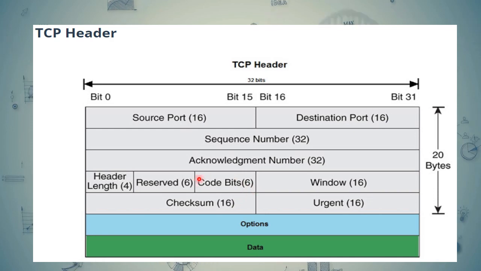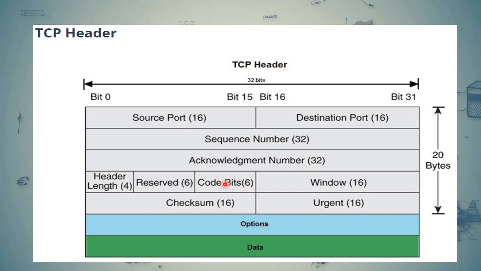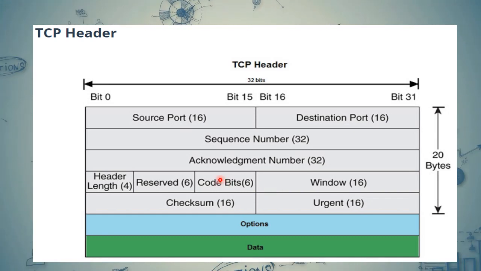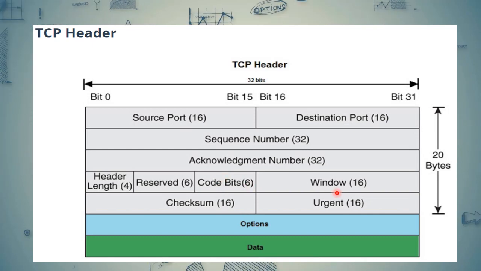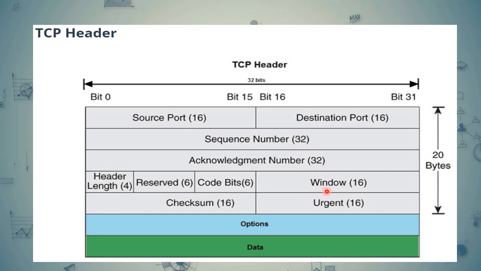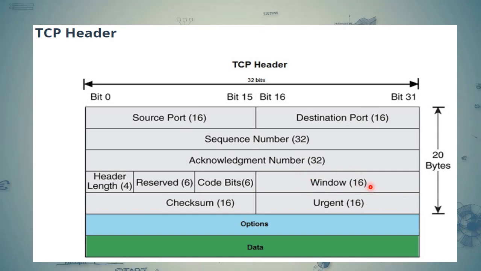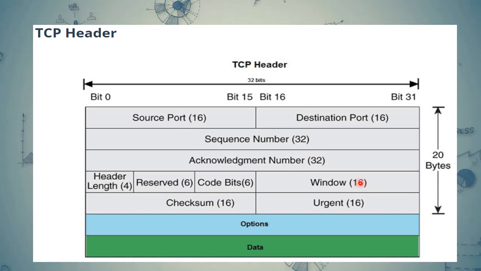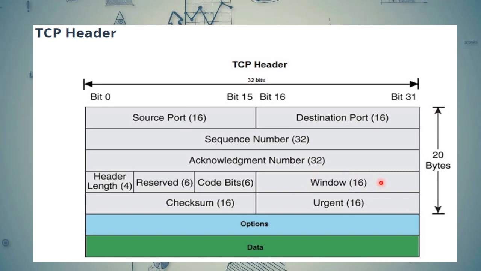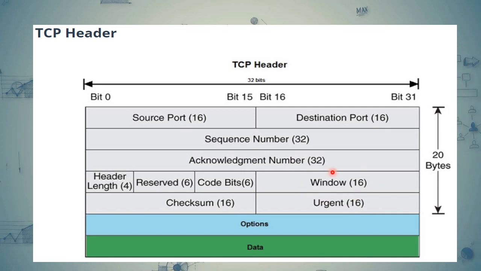And code bits, there are 6 flags: urgent pointer, SYN, acknowledgement, reset, push, and FIN. We can discuss this in the next slide. And window, this is the number of bytes of information that we are sending while transferring the data. The window size should be set by the receiver to allow the maximum bytes of information that it receives from their end.